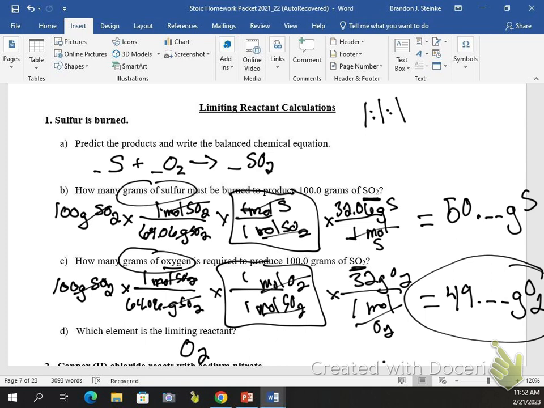Okay. So what we're doing here, please listen to all of this and all the different ways that I could ask you, is which one of these reactants is going to limit all of the products? In this case, there's just one product. That's fine. But in some cases, you might have 2 or 3 products. Which one of these reactants is going to limit how much all of these are made? Oxygen. So once all of the oxygen is used up, what happens to your reaction? It stops. It's cut off.